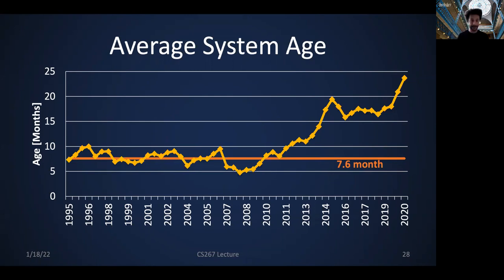So the replacement time has increased significantly, and average system age is really high compared to its historical trend. And the other reason, of course, is the CPUs are not getting faster at the same rate that they used to. So the incremental value of upgrading your system is lower. So there's the cost and there's the value.